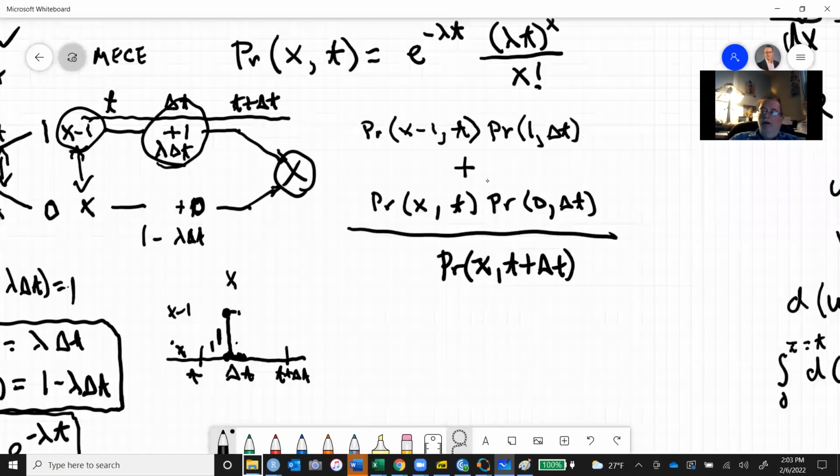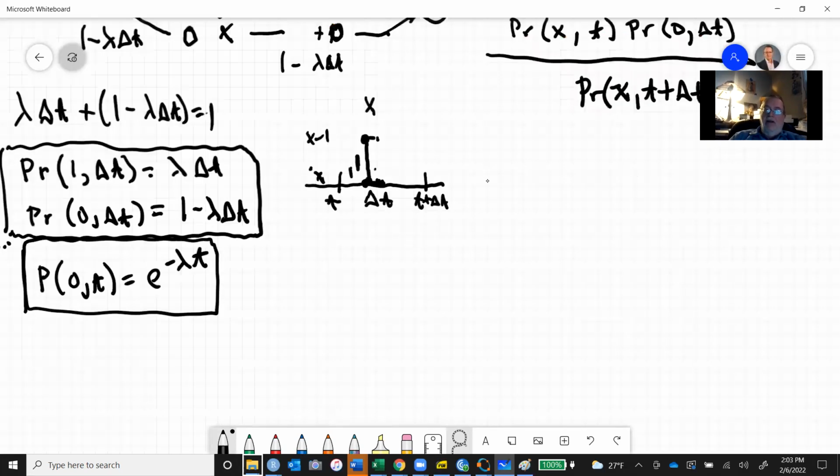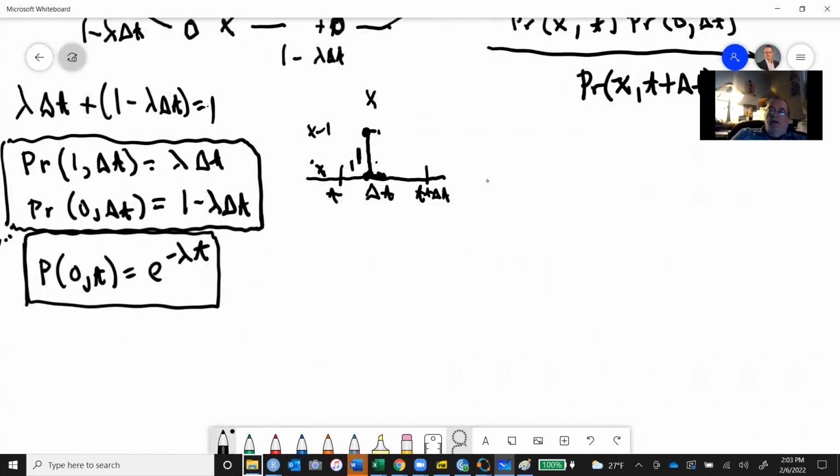We have a recursion. Let's just put this down here and not get too busy. We have the probability of x, and the probability of x again.